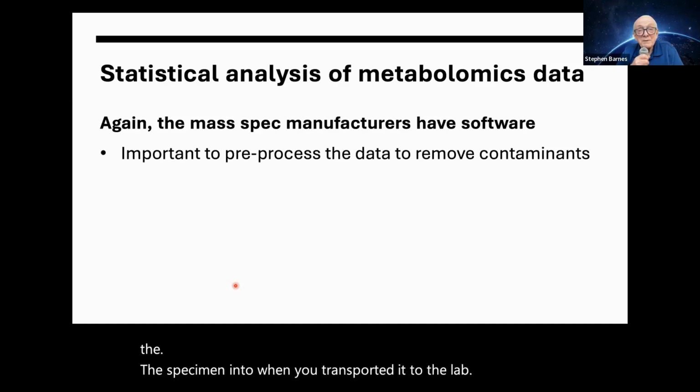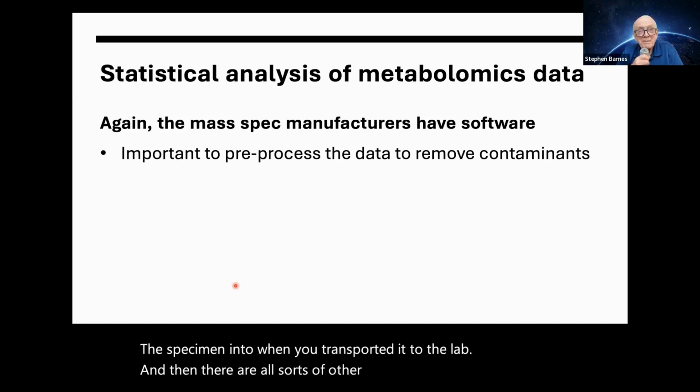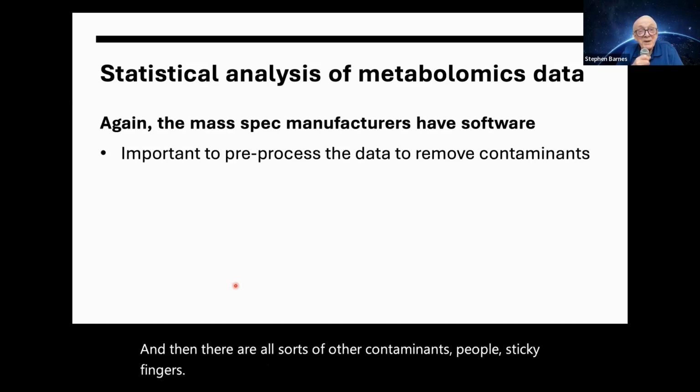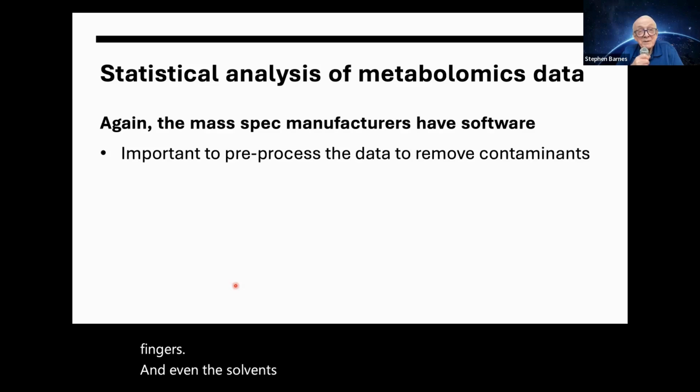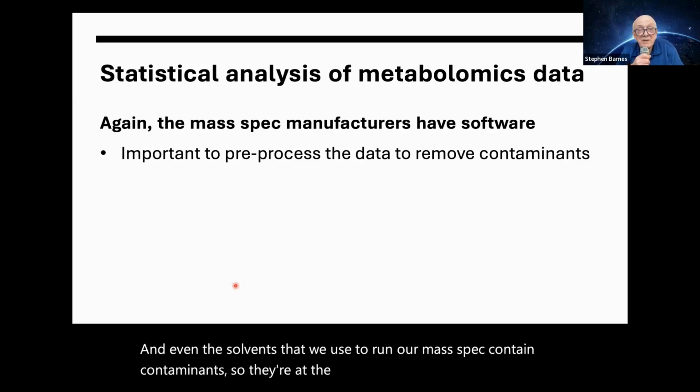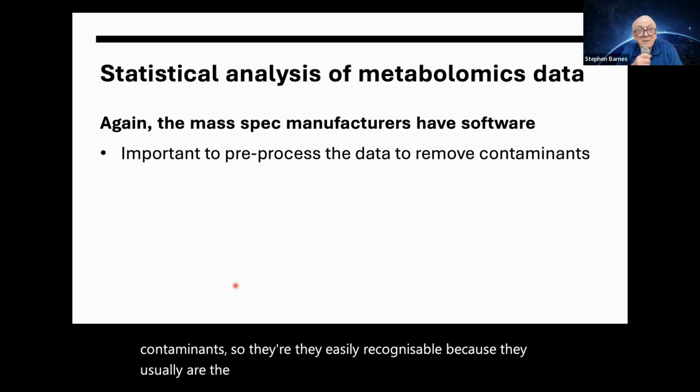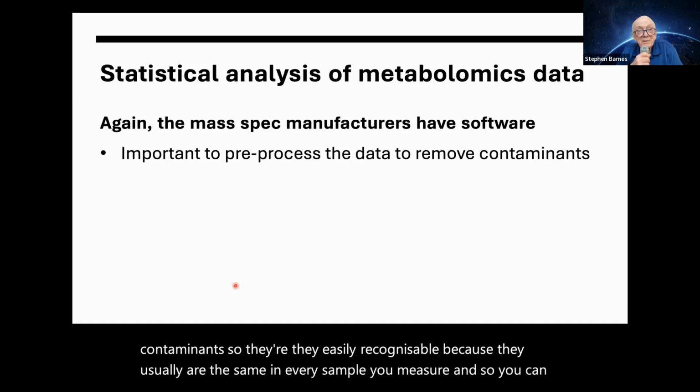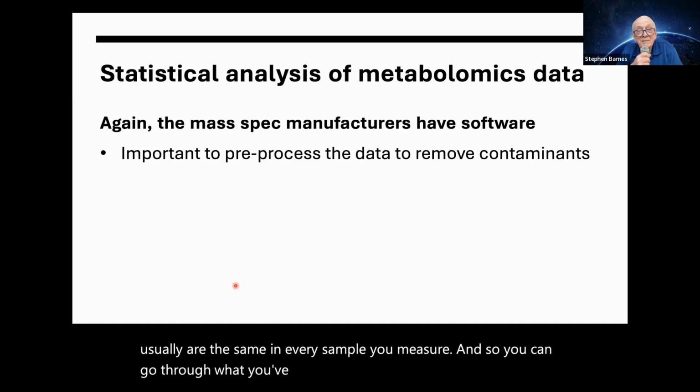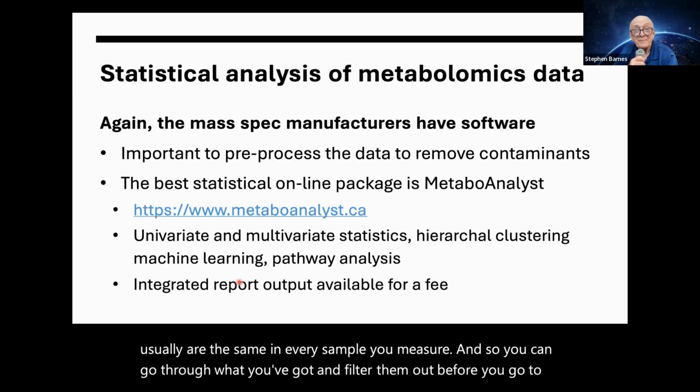And then there are all sorts of other contaminants, people's sticky fingers, and even the solvents that we use to run our mass spec contain contaminants. So they're easily recognizable because they usually are the same in every sample you measure. And so you can go through what you've got and filter them out before you go to statistics.